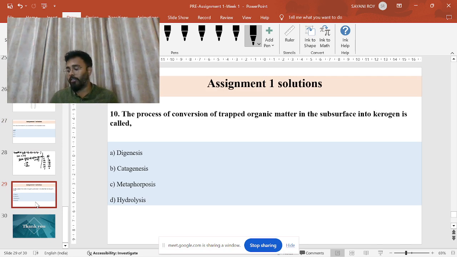So yeah, and we come to the last question. The process of conversion of trapped organic matter in a subsurface into kerogen is called: option A, diagenesis; option B, catagenesis; option C, metamorphosis; option D, hydrolysis. Any guesses?